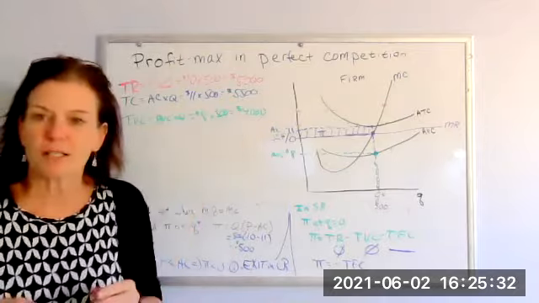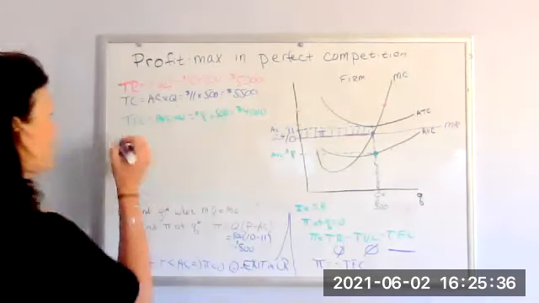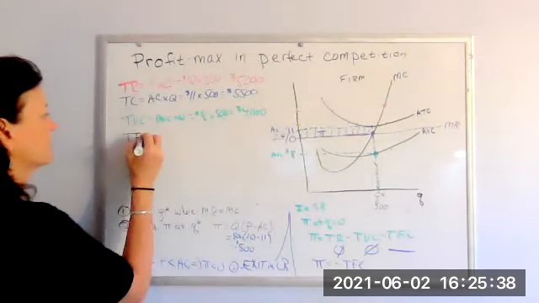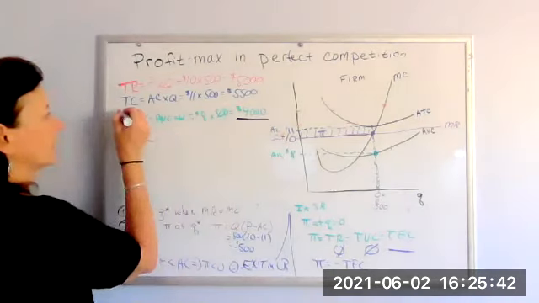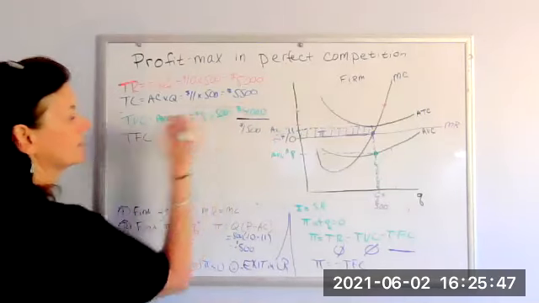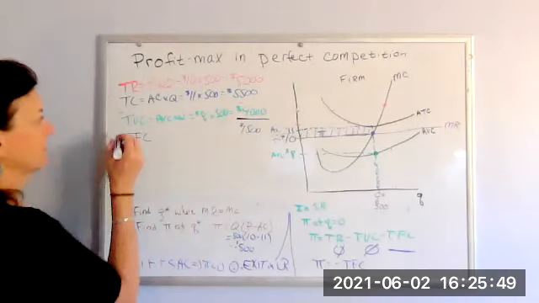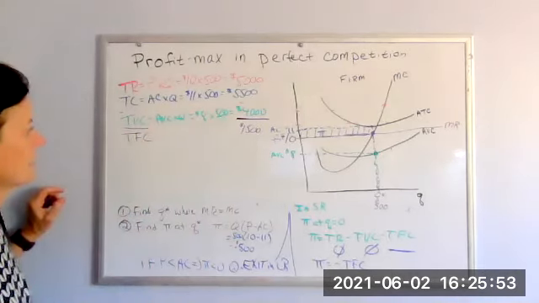My total variable cost is $4,000. So my total fixed cost is just going to be total cost minus total variable cost, or $1,500. Whatever isn't variable cost is fixed cost.